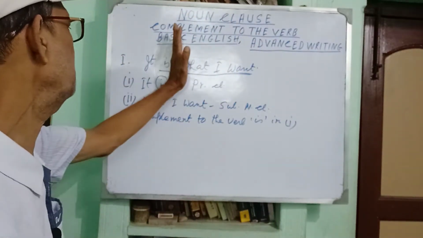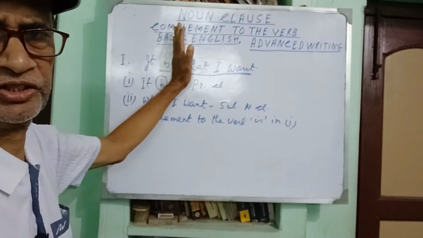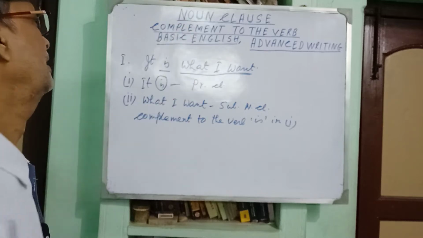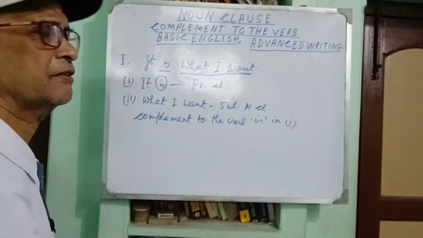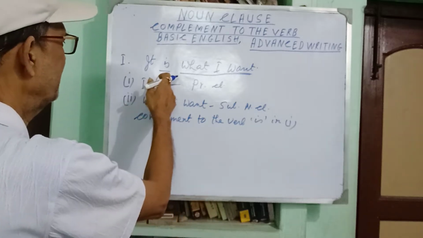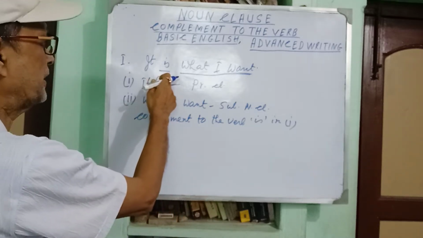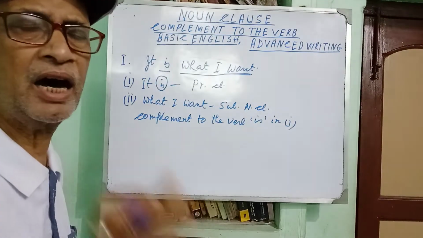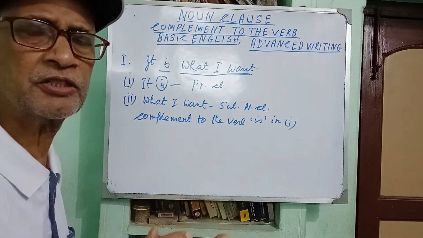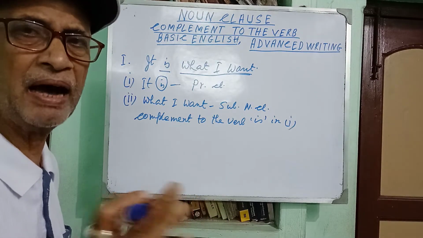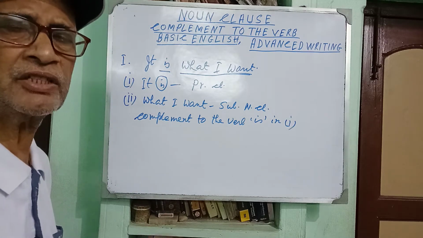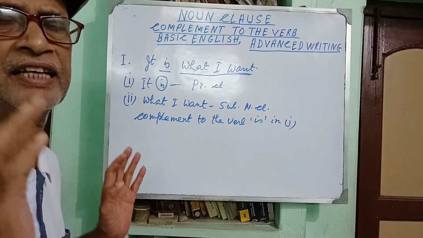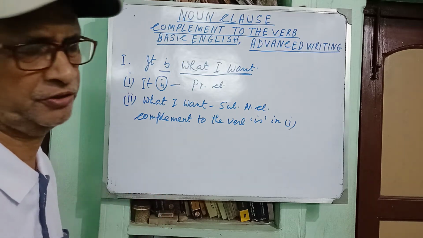If you say it is, it doesn't complete the meaning of the sentence. If you say it is what I want, the verb is being completed by a clause, and when the be verb of the principal clause is completed by a clause, you can shut your eyes and say that it is an example of noun clause.